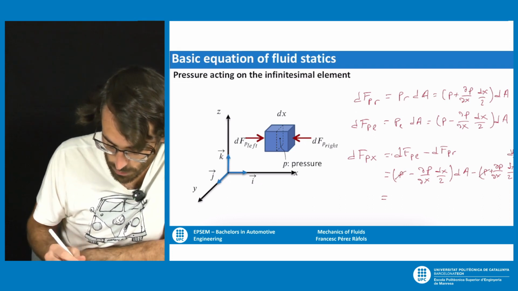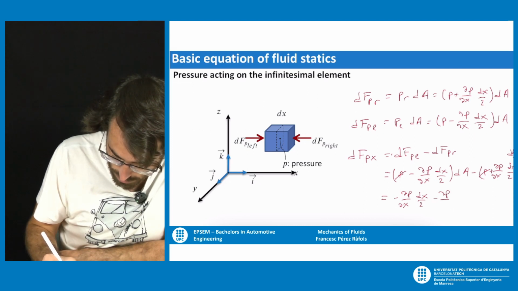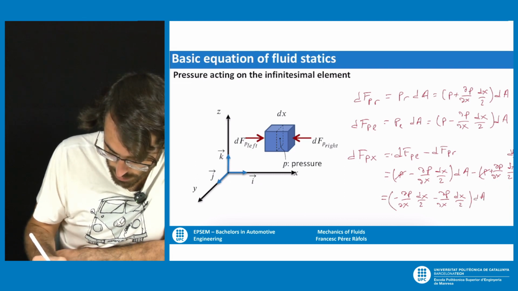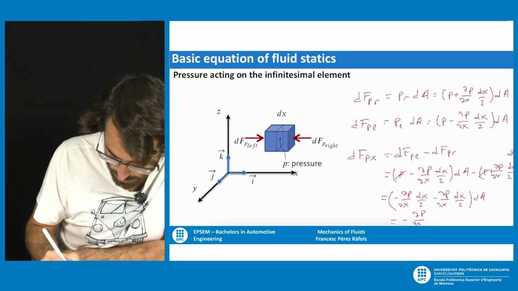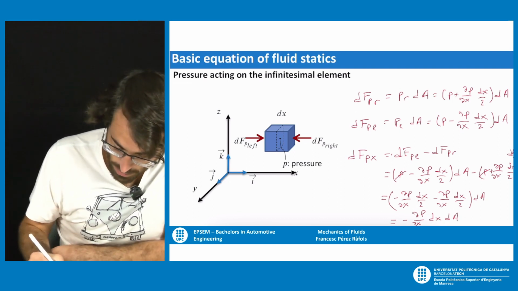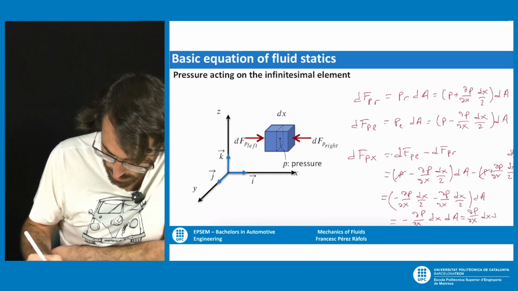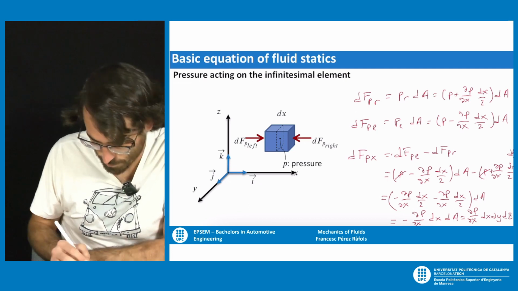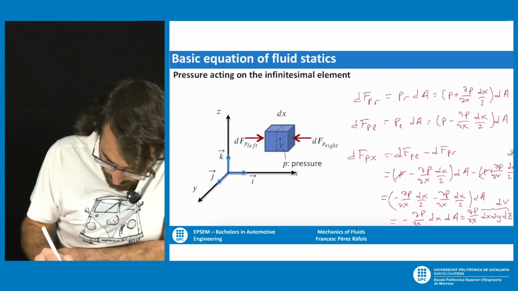This minus will turn into a minus, so we will have minus dP/dx dx over 2 minus dP/dx dx over 2, times the area. In the end, we'll have minus dP/dx times dx, the area. And finally, the area was dx dy dz, and remember that this was dV. And I forgot a minus sign here.